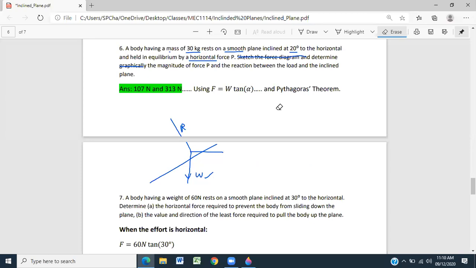So this force P would be equal to W tan alpha, right? So work this out, let me know if you get any issues.